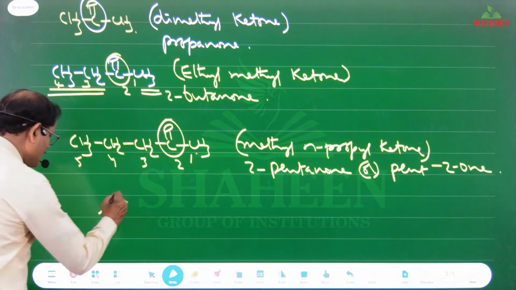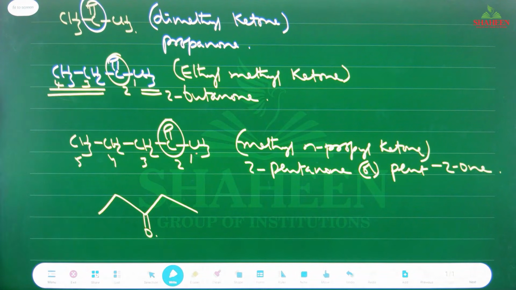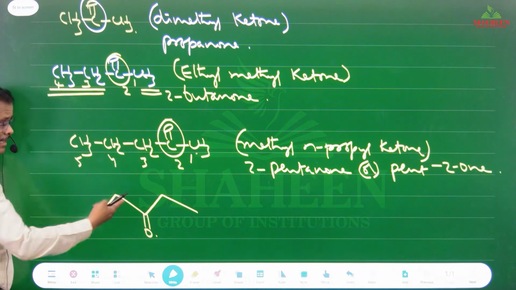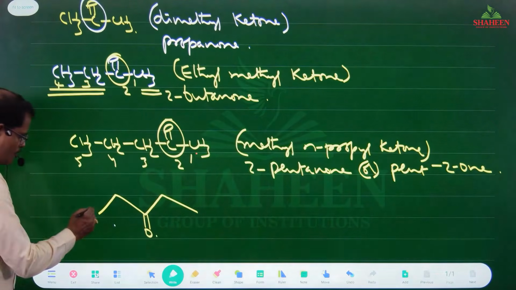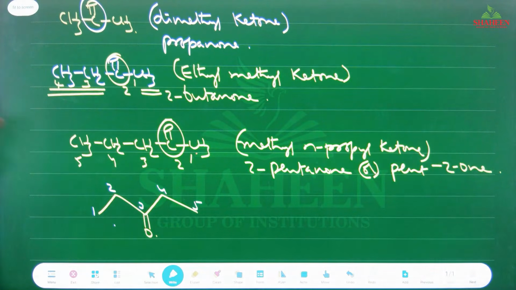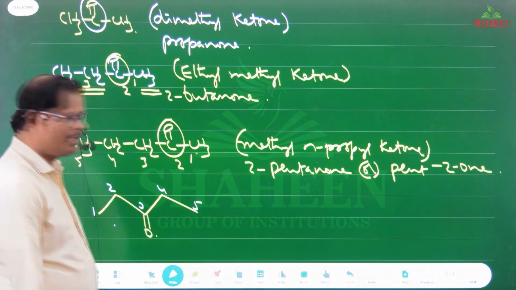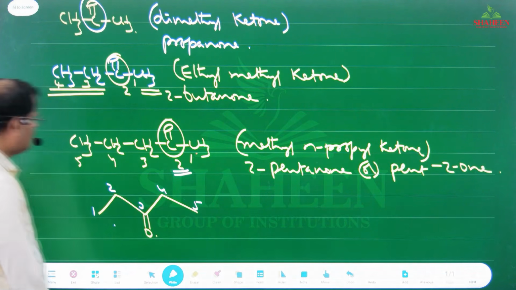Similarly, it can also be represented like this. Here these two are not the same, but another isomer is also possible. Numbering 1, 2, 3, 4, 5, both have 5 carbon atoms, but there is a difference in the position of the functional group. In one, the functional group is at the second position; here it is at the third position.